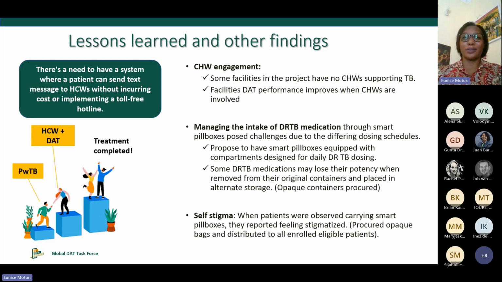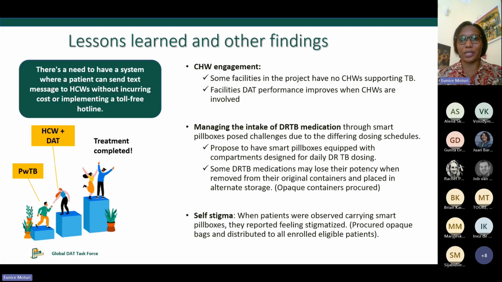So they were more active and performing much better compared to the facilities that did not have CHWs, because those with CHWs had enough support. They could even help the healthcare workers with consenting and registering patients on the adherence platform. So we ended up engaging them along the line.